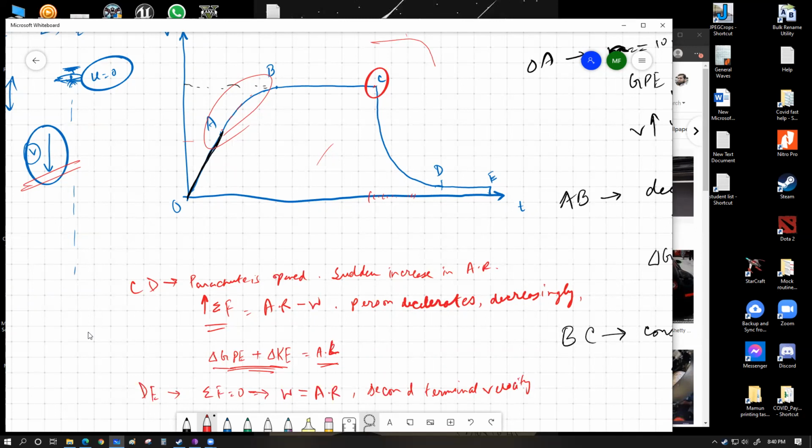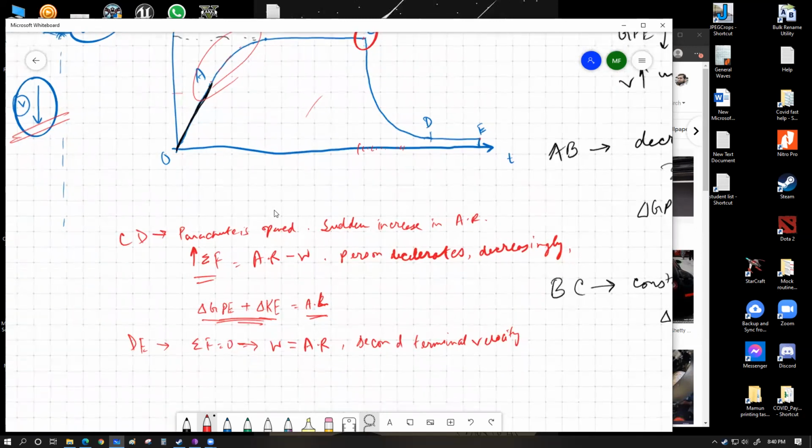And E is basically the point where the person lands on the ground. So at E, the person or parachutist lands.